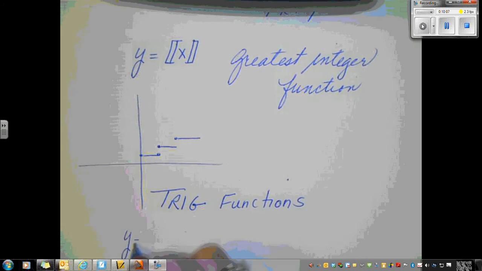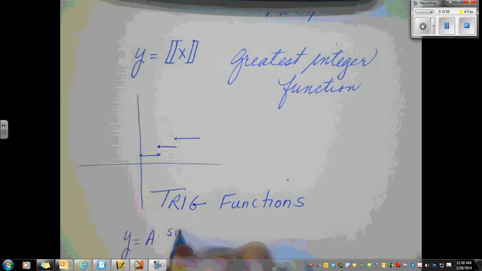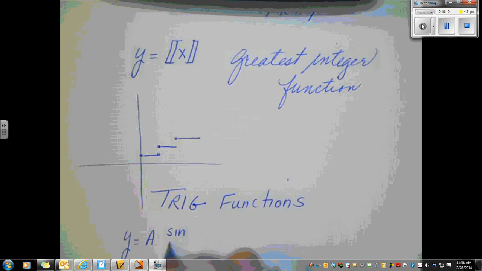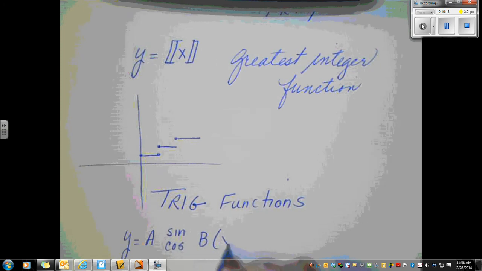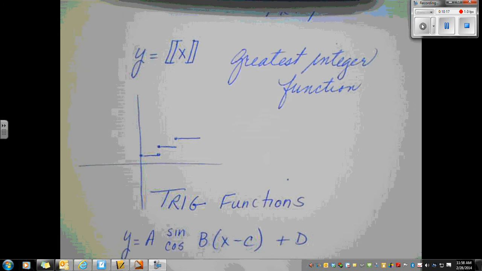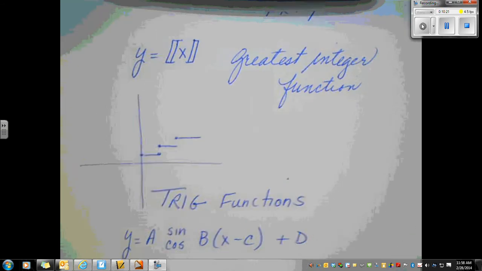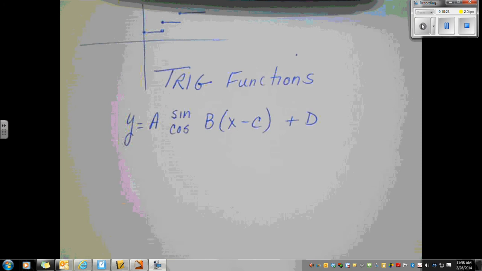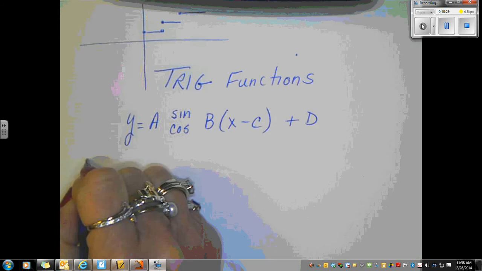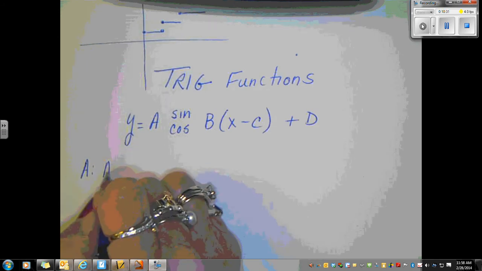Y equals A, let's talk about sine or cosine, B x minus C plus D. I'm talking about these first because these are the only two that have amplitude. A stands for amplitude.